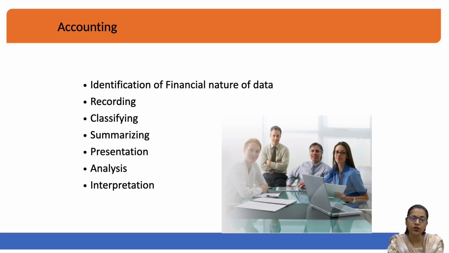These snapshots will tell you where the company is standing at a particular point of time, and it will be very easy for you to summarize the transactions, the list of accounts that you had recorded and classified earlier. So, summarizing is a step which will help you to see the snapshot of recording and classifying.